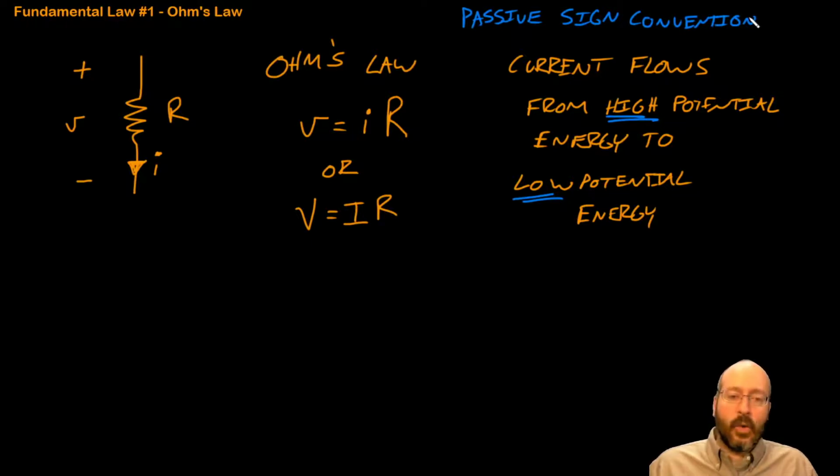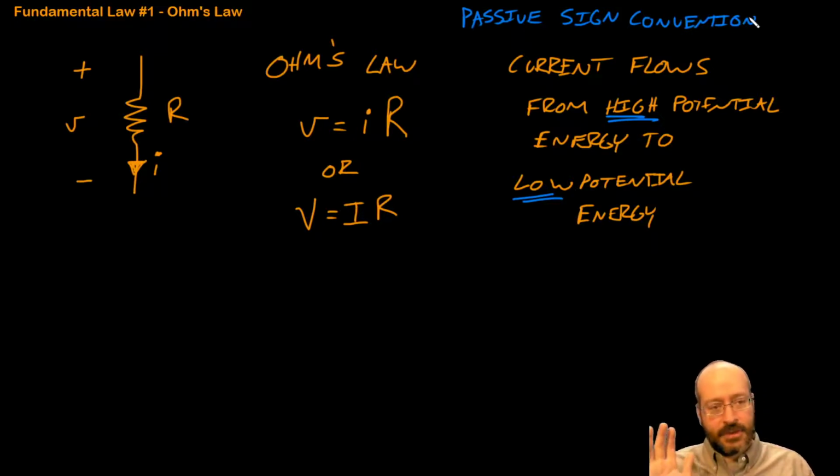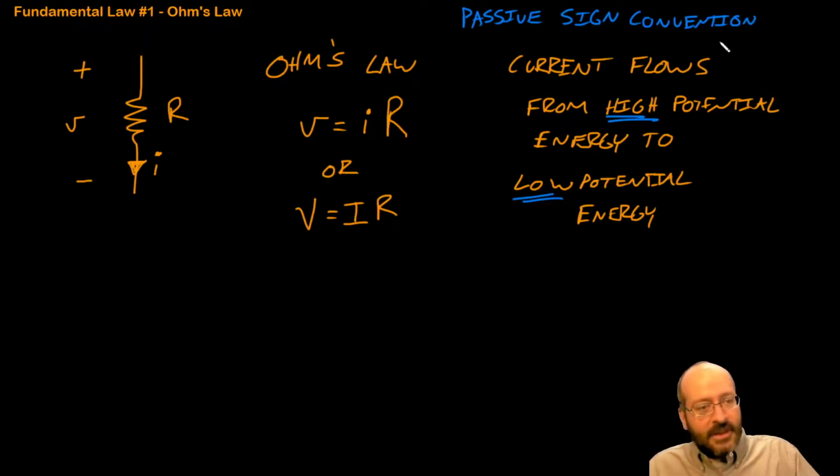And for those components, this is going to hold. Whichever side has higher potential is going to push current towards the side that has lower potential. And that's the passive sign convention. I'll abbreviate it, although it's not as common to see it abbreviated, as PSC, passive sign convention.